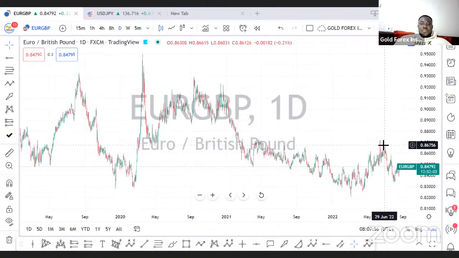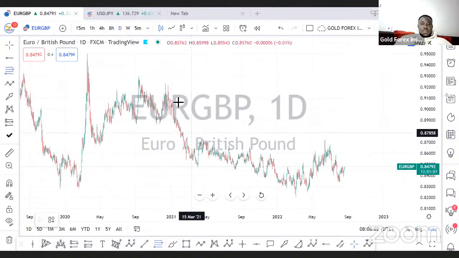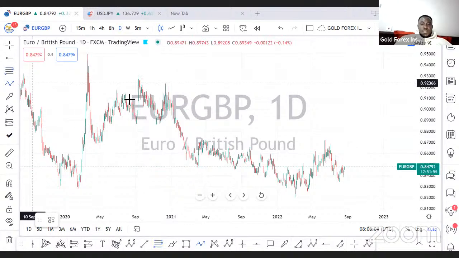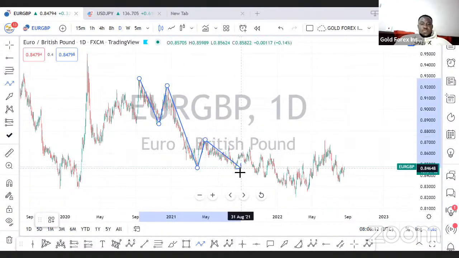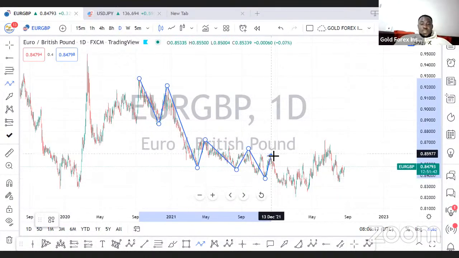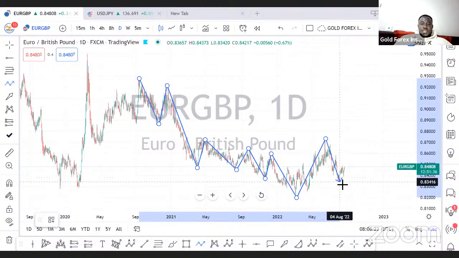There is a break of market structure here, right? Let me check. There's a break of market structure. Retest.